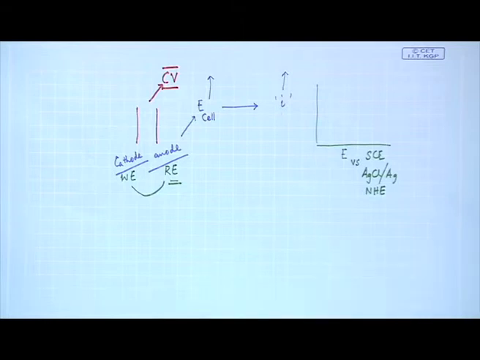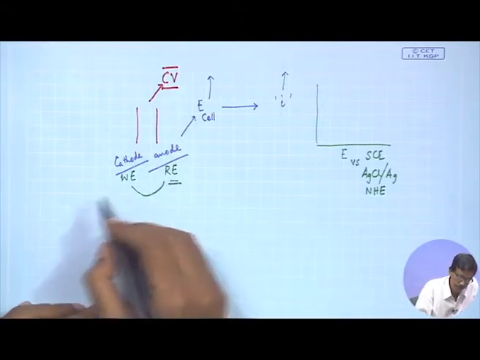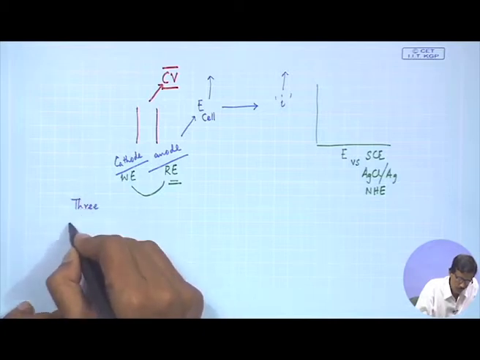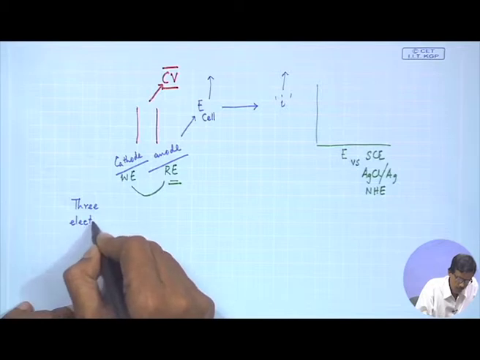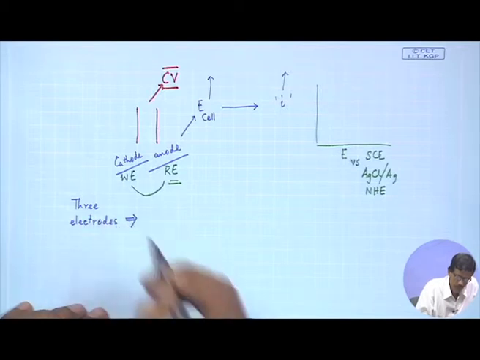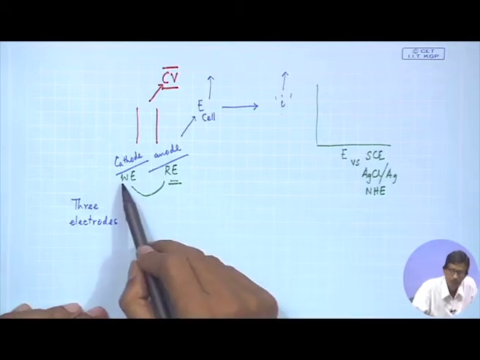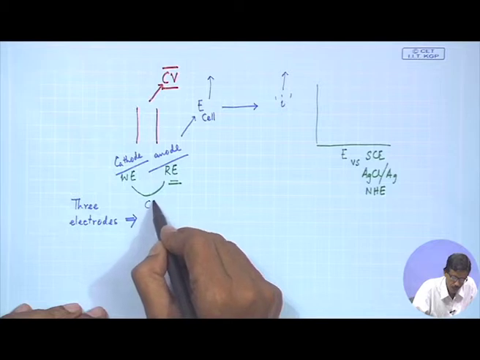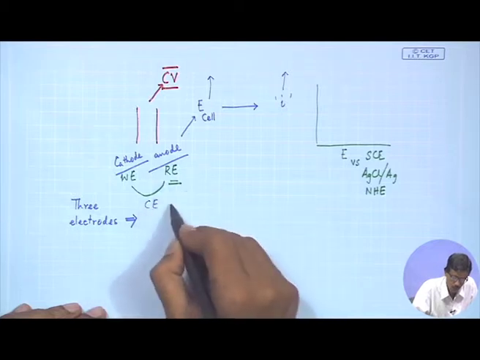We must bring something over here for getting CV. We need 3 electrodes. So, you will have a system having 3 electrodes. Already we have the working electrode and the reference electrode. Now, we will bring the third one as your counter electrode or auxiliary electrode.